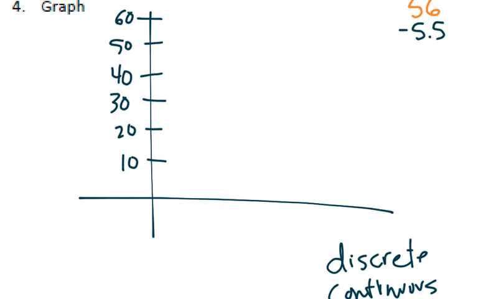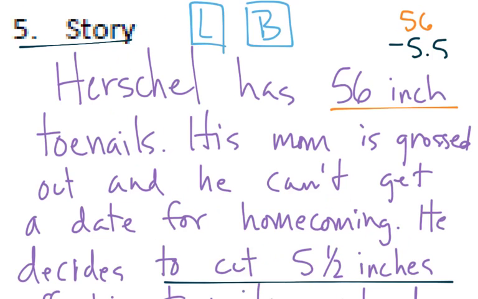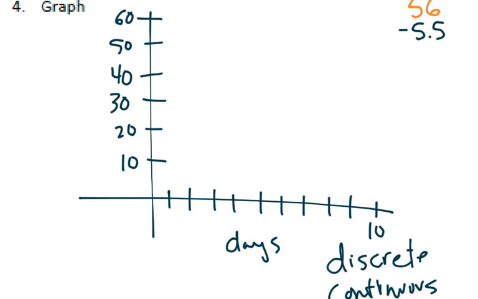Okay, and then 0. So 0, and then 1, 2, 3, 4, 5, 6, 7, 8, 9, 10. Okay, you need to label it. I should probably label this days, because it's tied to a story problem now, and this inches.